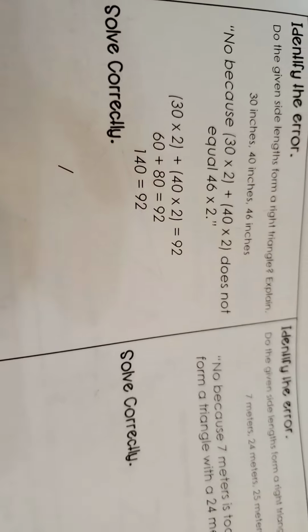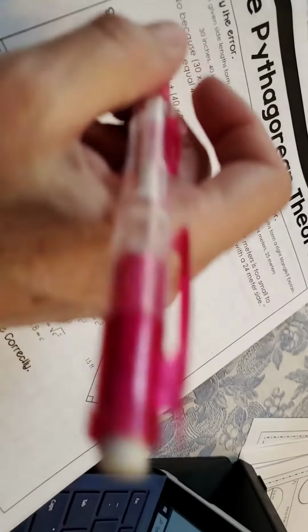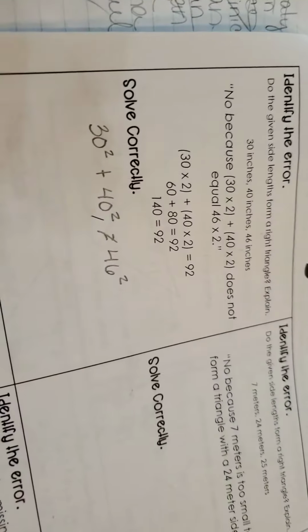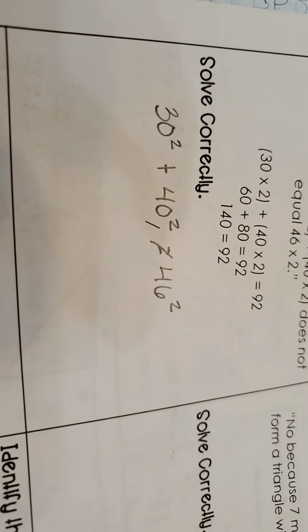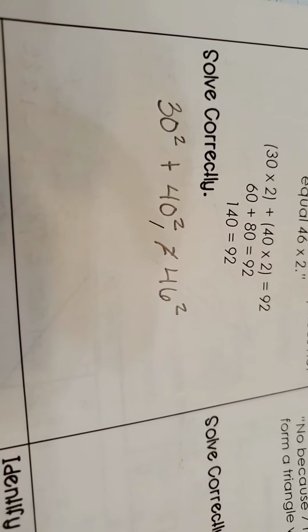And it does not. 30 squared plus 40 squared does not equal 46 squared. There is no way, because 30 plus 40 is 70, and it's just not going to happen. All right, so I'm going to say, so it doesn't.